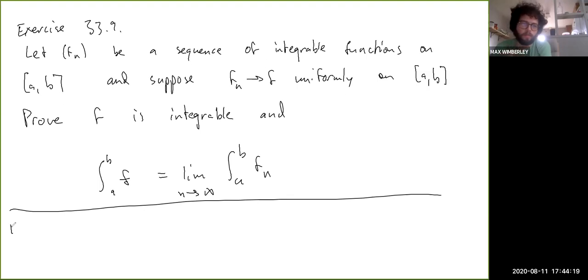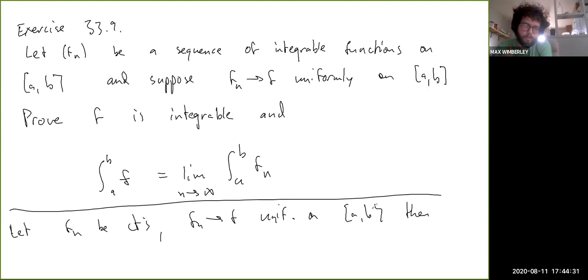So if you let Fn be continuous and Fn goes to F uniformly on [a, b], then F is continuous and the integral from a to b of F is the limit of the integrals of Fn, right?